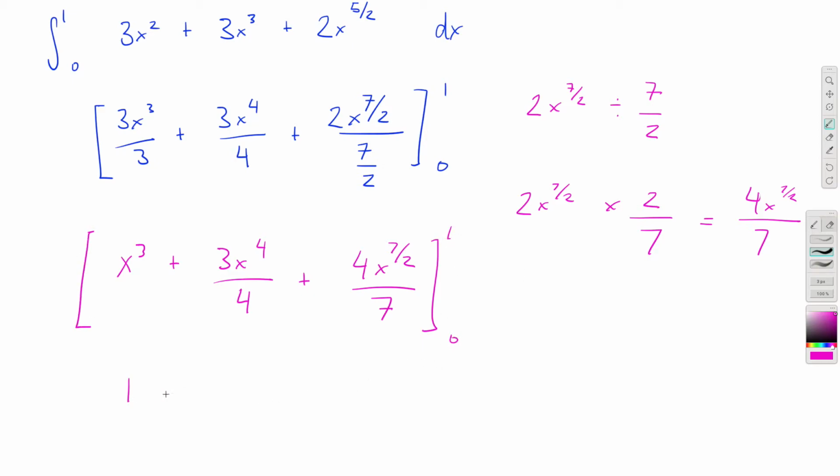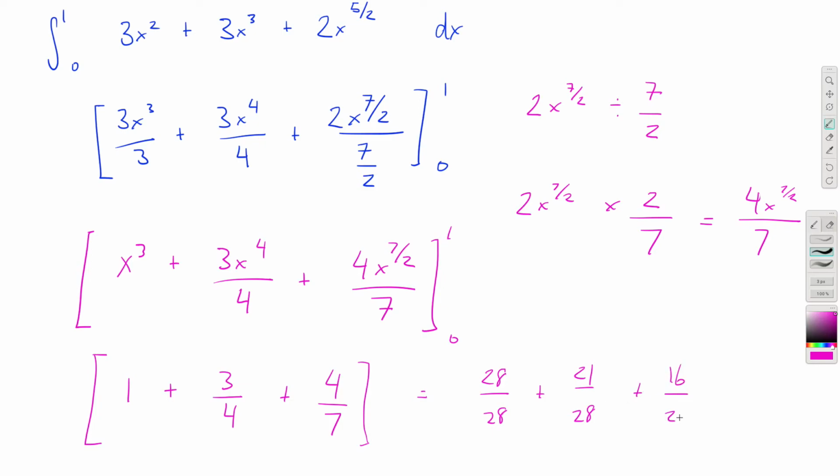So we're going to get 1 plus 3 on 4 plus 4 on 7. We don't have to worry about that 0 because it's just going to give us 0 out. Then we have to add all these together. So our common denominator is going to be 28. So we're going to get 28 on 28 plus 21 on 28 plus 16 on 28.